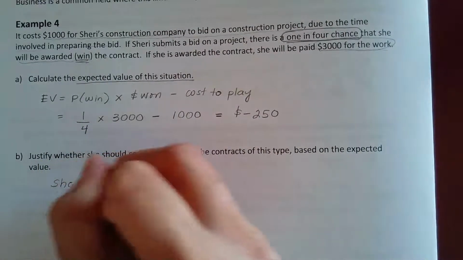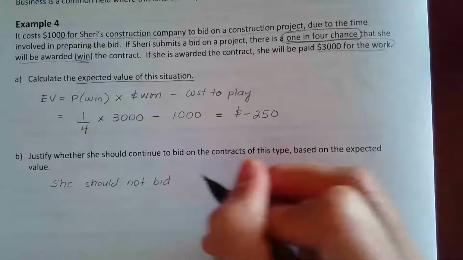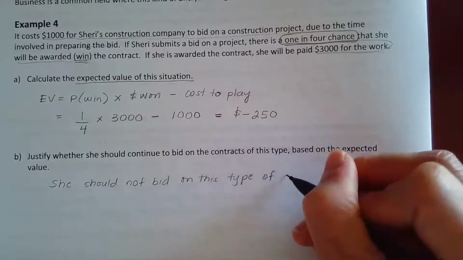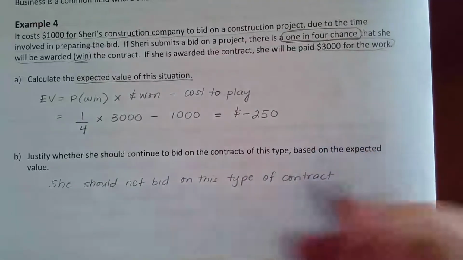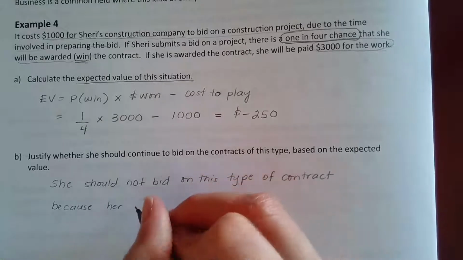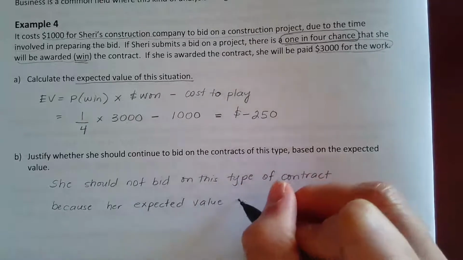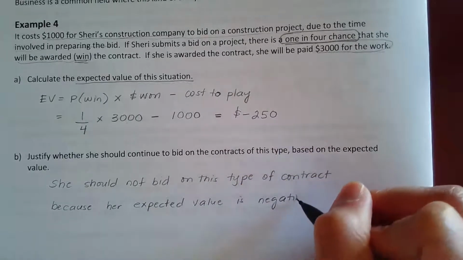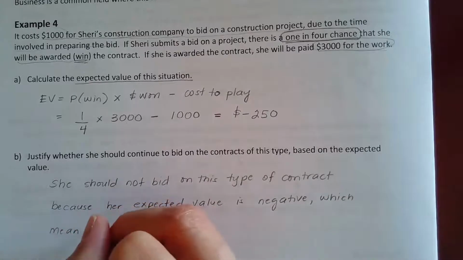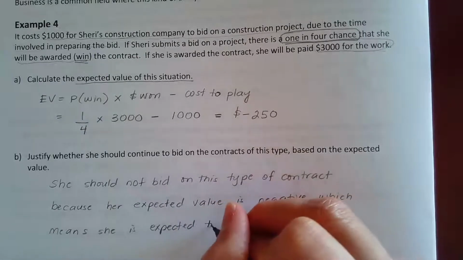She should not bid on this type of contract because her expected value is negative, which means she is expected to lose.